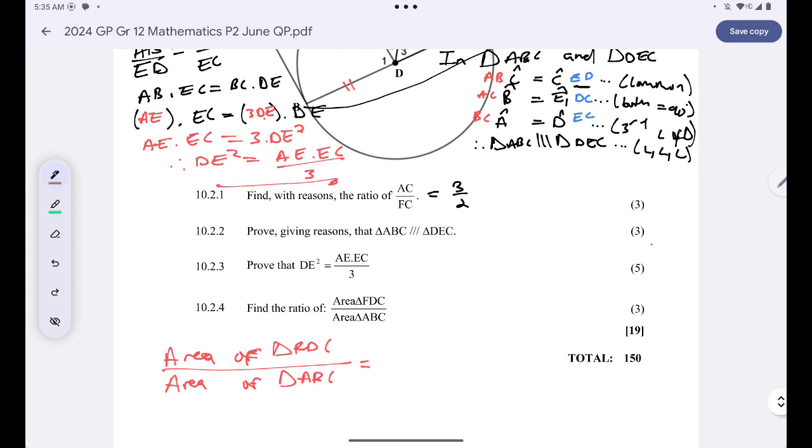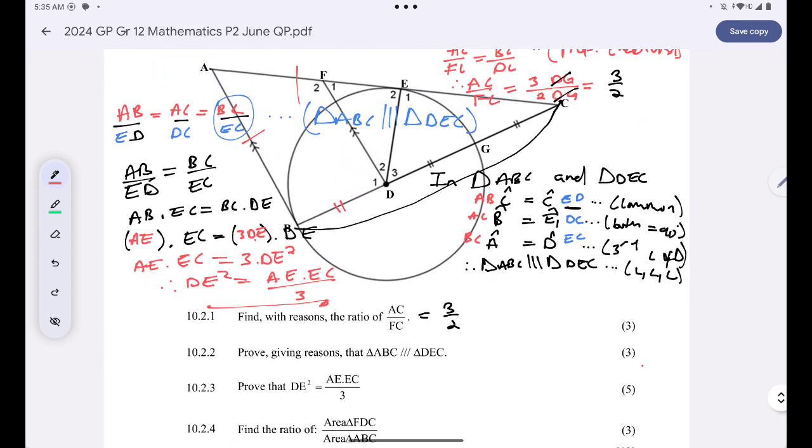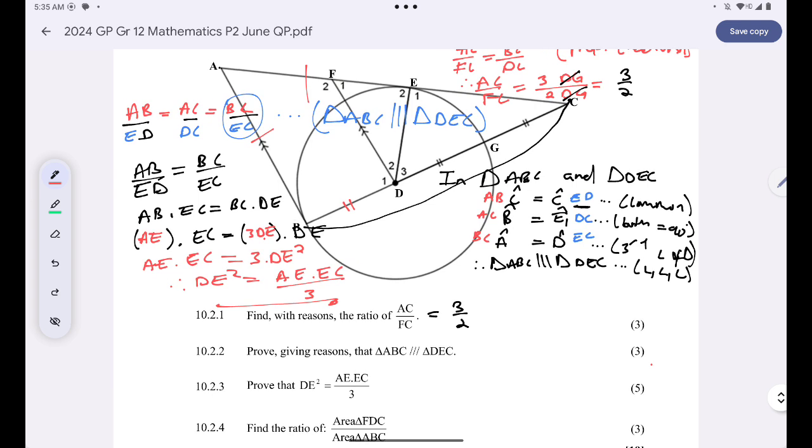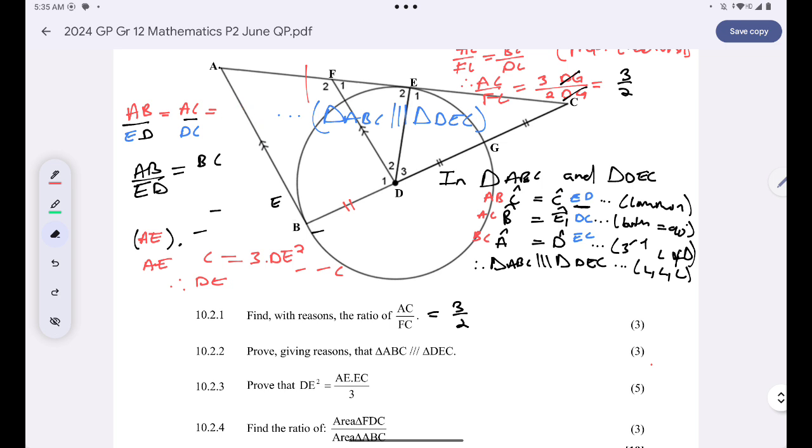Okay, the easier way is to take the trigonometry route, right? Let me rather erase here so that you can see properly what's going on.